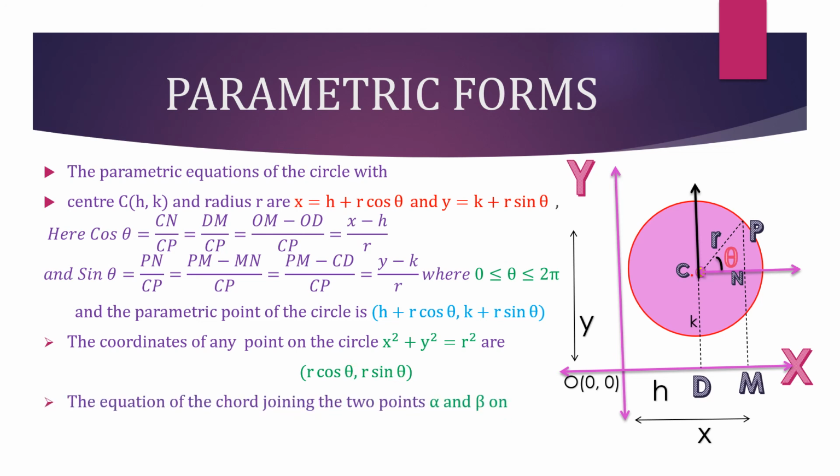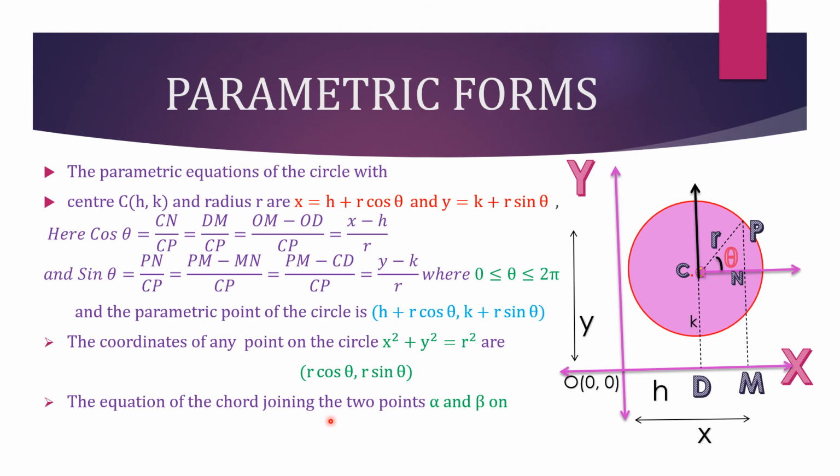Next, the equation of chord. From the diagram, the equation of the chord joining 2 points alpha and beta. Now we take alpha and beta as 2 points on the circle. Then joining alpha and beta, that is the chord.